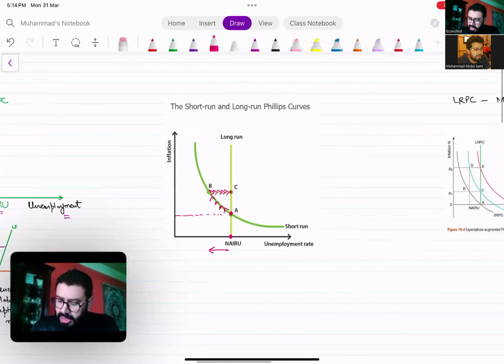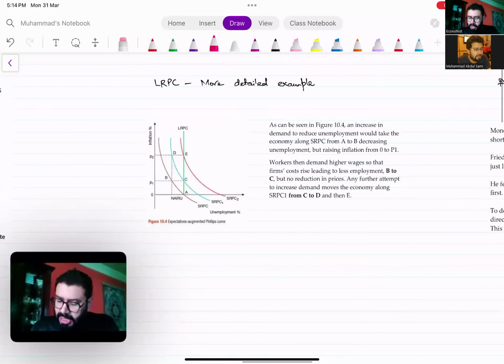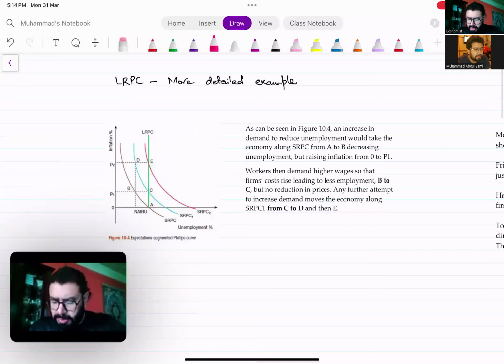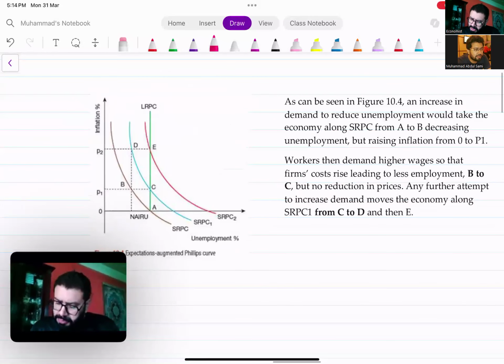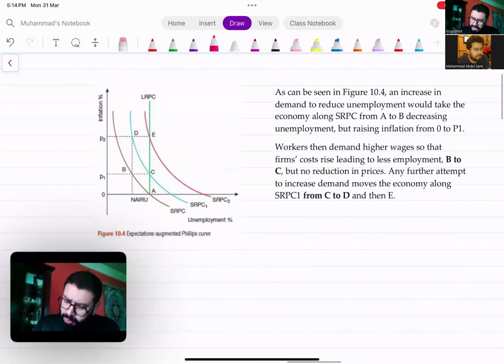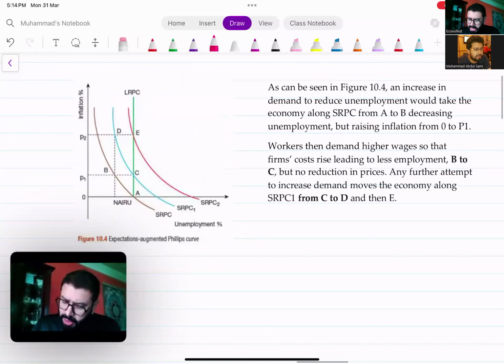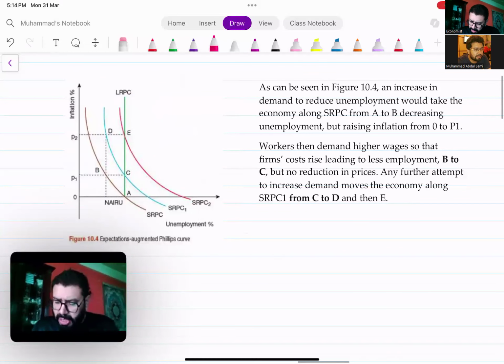Let's take a more detailed example. As can be seen in figure 10.4, an increase in demand to reduce unemployment takes the economy along SRPC1 from A to B, decreasing unemployment but raising inflation from 0 to P1.